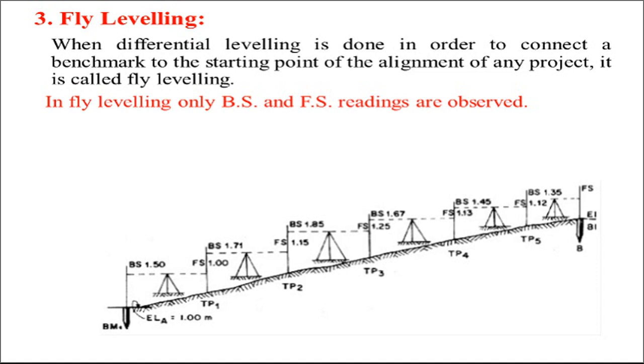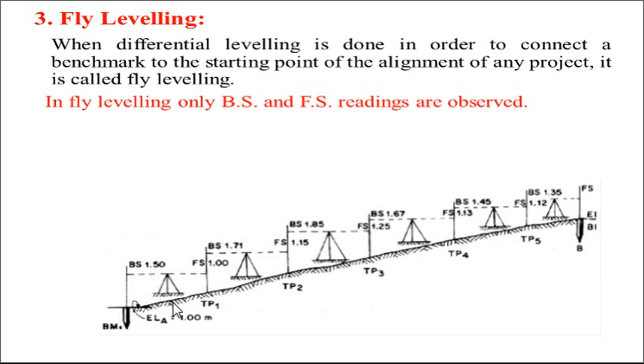Now see in this figure, this is the benchmark and this is the point B, and we want to connect this point with the benchmark. In such cases, we start the leveling either from the benchmark up to that point or from the point up to the benchmark.